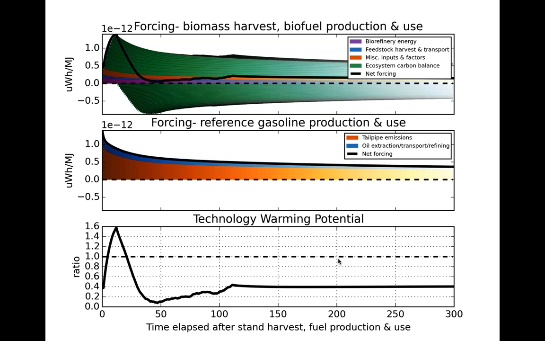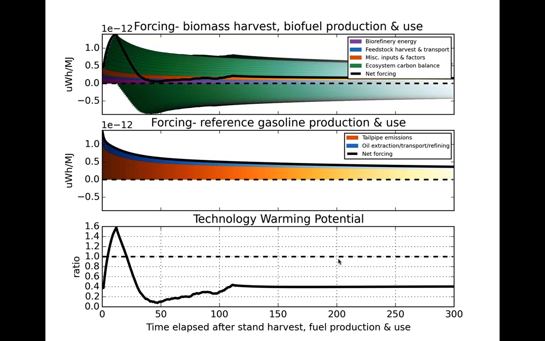But then after 20 years, that forest is really cranking, really regrowing, and sucking up all that extra CO2, whereas that's not the case for your traditional gasoline use, your conventional gasoline production. And so after 20 years or so, your biofuel is better. It beats your conventional case, and into the future, it's significantly better. So those are the kind of trade-offs that we look at when we put everything together.